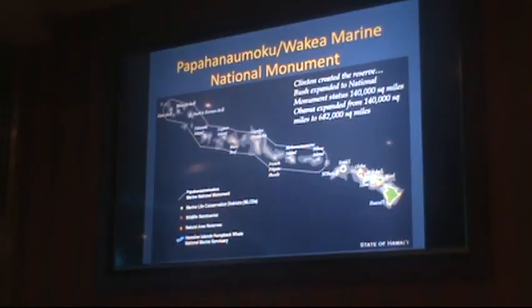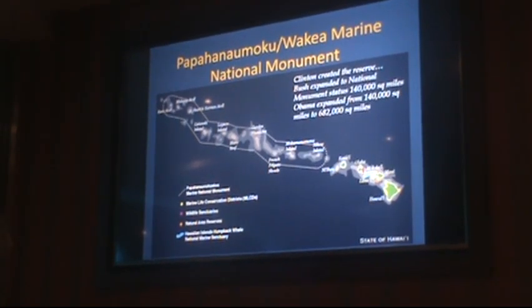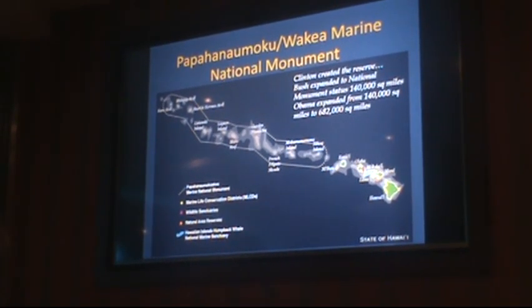Now these seamounts are so significant that we've created a national monument around those. Clinton created this reserve. Bush expanded that reserve during his presidency to 140,000 square miles, and Obama continued to expand upon that, and now it's over 500,000 square miles of area here. Anybody want to try to pronounce that?